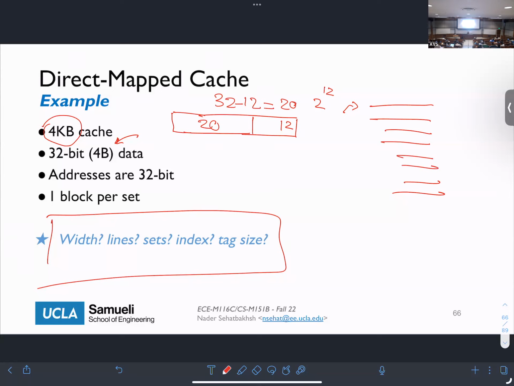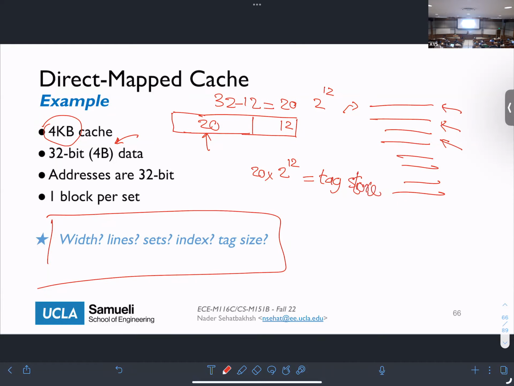For every entry here, I need a tag, right? So I need 20 bits times 2 to the power of 12, and that would be the storage that I need for my tag store.